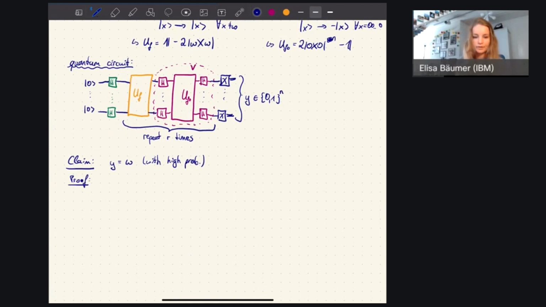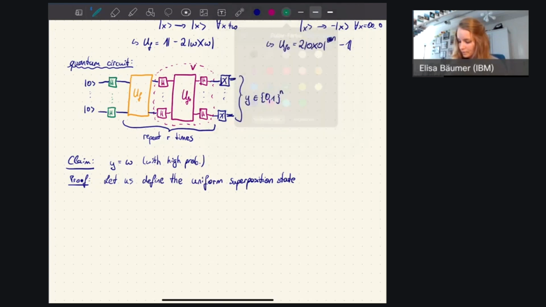And for the proof, we will first need to define some states. So let's start with defining the uniform superposition state. After applying Hadamard gates to all qubits in the zero state, we get what you call the state S, the uniform superposition.